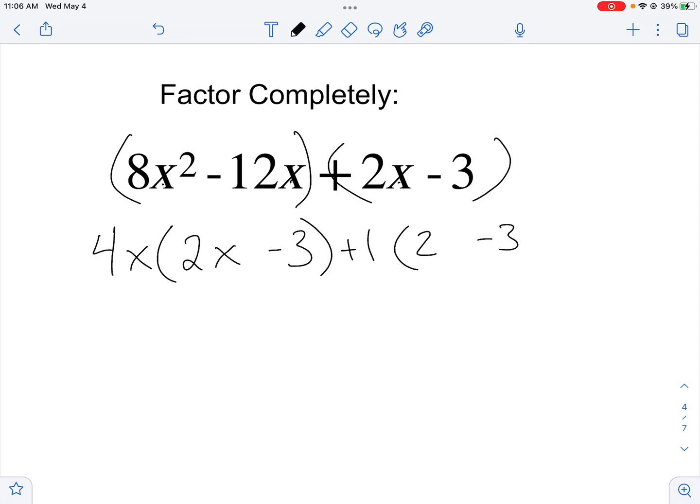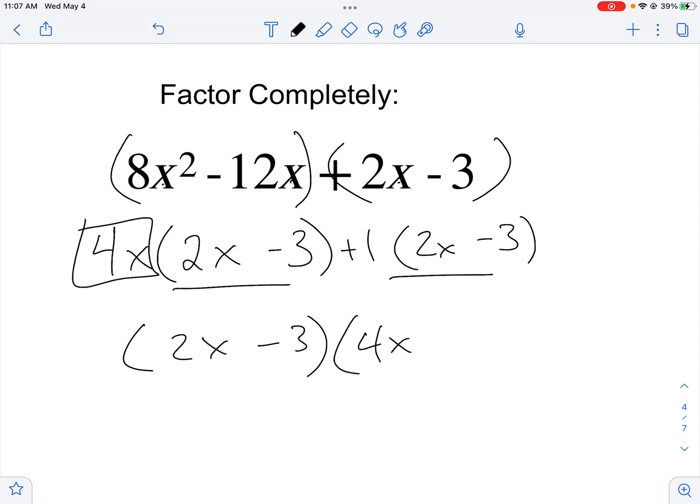Can I take out any x's? Yeah, that's right, I can't, because they both don't have x. Now, if we did this right, these should be the same. Are they? They sure are. So what do? Write that here, and then we write what's left over. 4x plus 1. There we go.